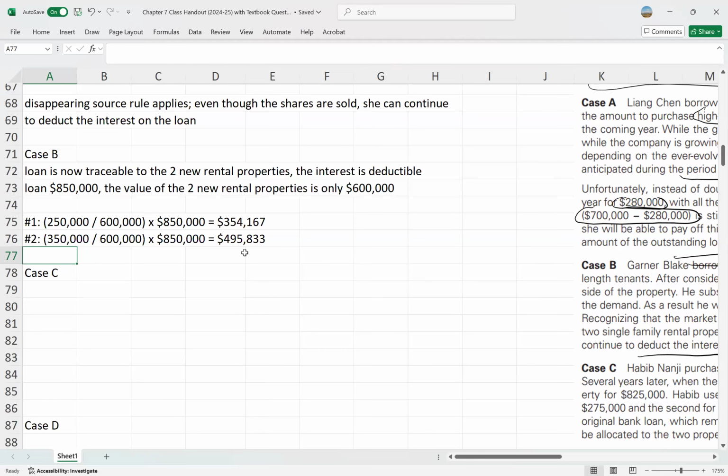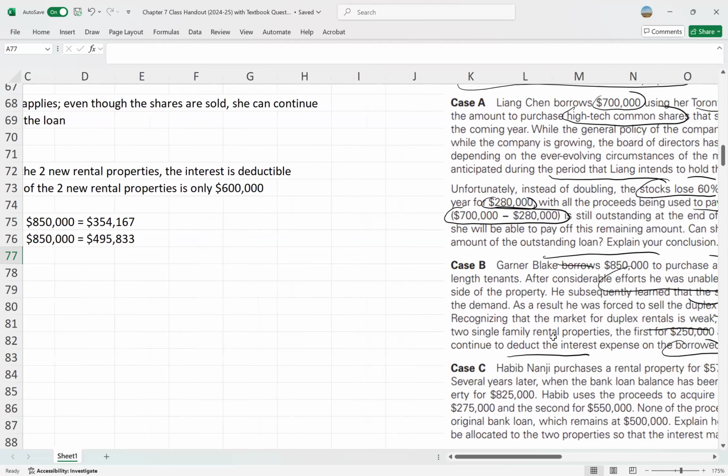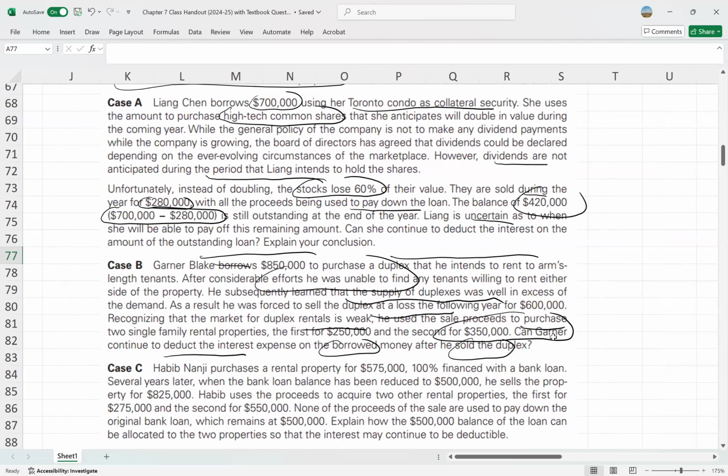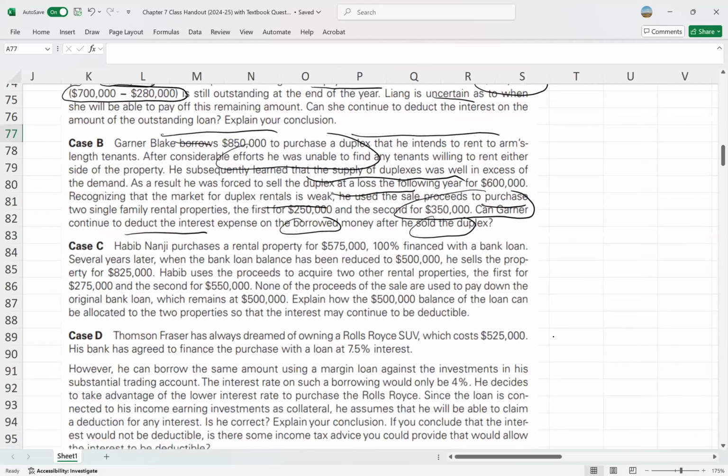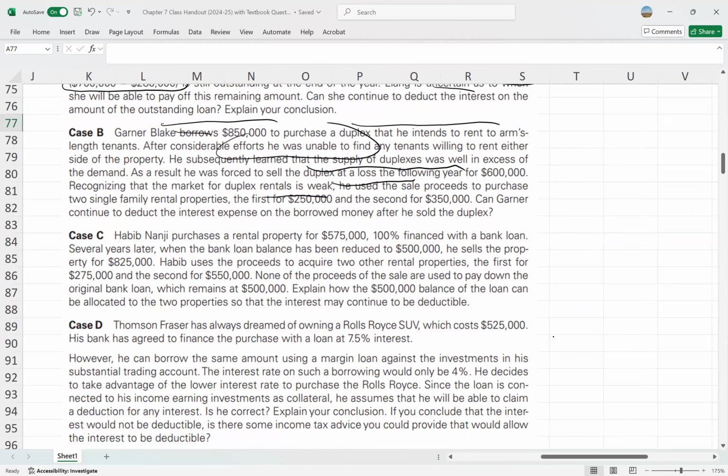Case number C is similar, but with different amounts. So let's look at case C. In case C, the taxpayer buys a rental property that is 100% financed. So he bought it for $575, took out a loan for $575. Several years later, the balance of the loan is now $500.